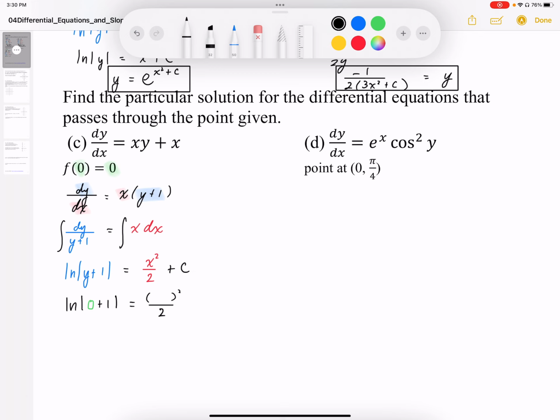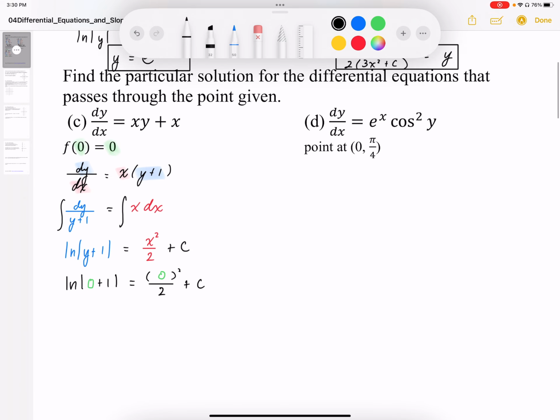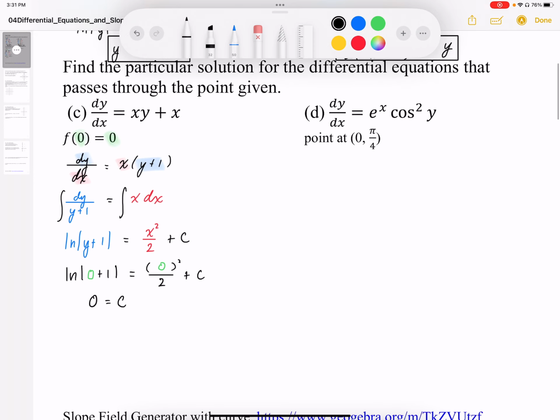That x value is going to be 0, so I'm going to substitute 0 into there. And then what's left over is this plus c. So solving this, log of 1 is 0, 0 squared over 2 is 0, so we get c is equal to 0.